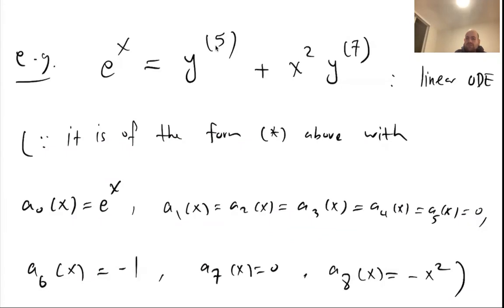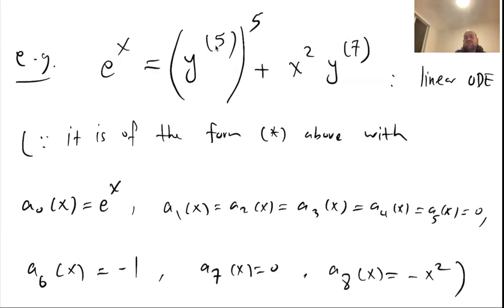This means fifth derivative, not power. But if I have y fifth derivative, let's say raised to power 5, then that will be nonlinear, because then the y fifth derivative will not have power 1 anymore, and it will be nonlinear in the fifth derivative.